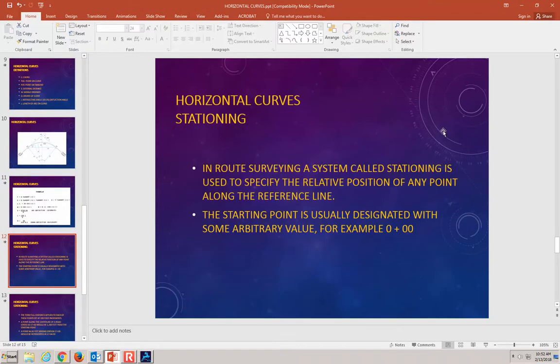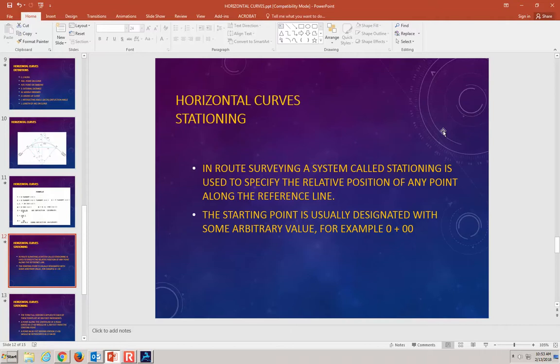So horizontal curve stationing. In route surveying, a system called stationing is used to specify the relative position of any point along a reference line. You typically start at 0 and you don't go negative typically. You stay in the positive. So a station is displayed typically in feet, like 0 plus 0, 0 or 1 plus 0, 0.